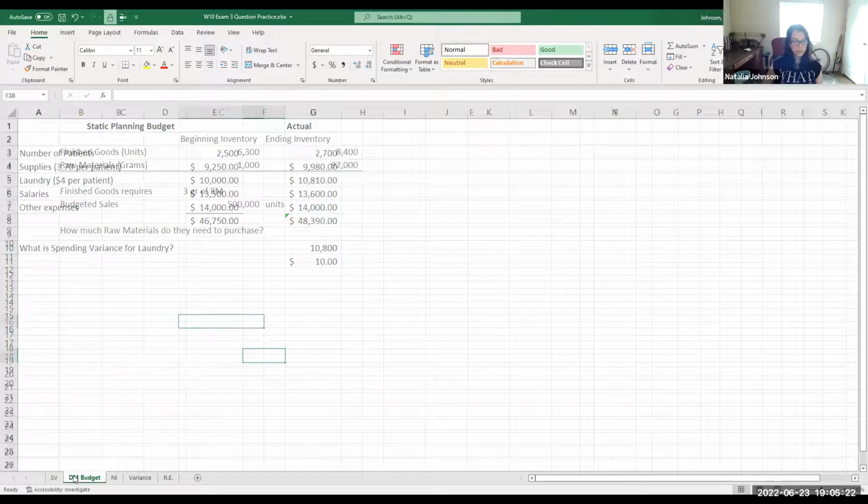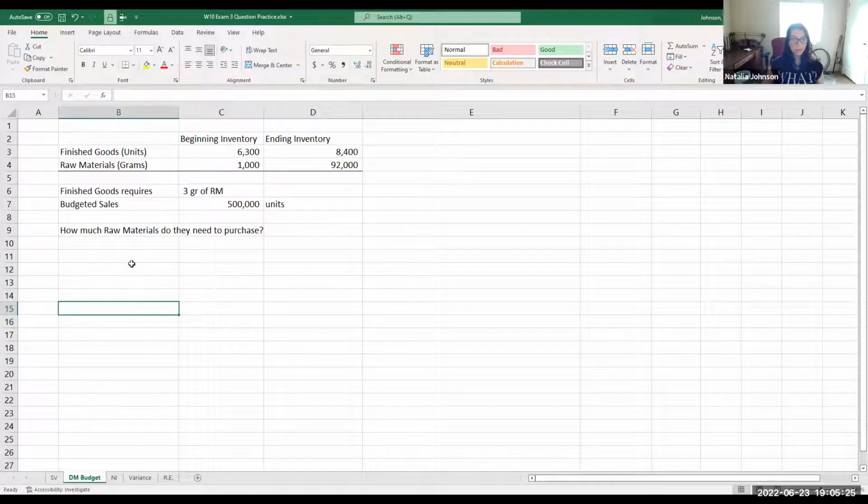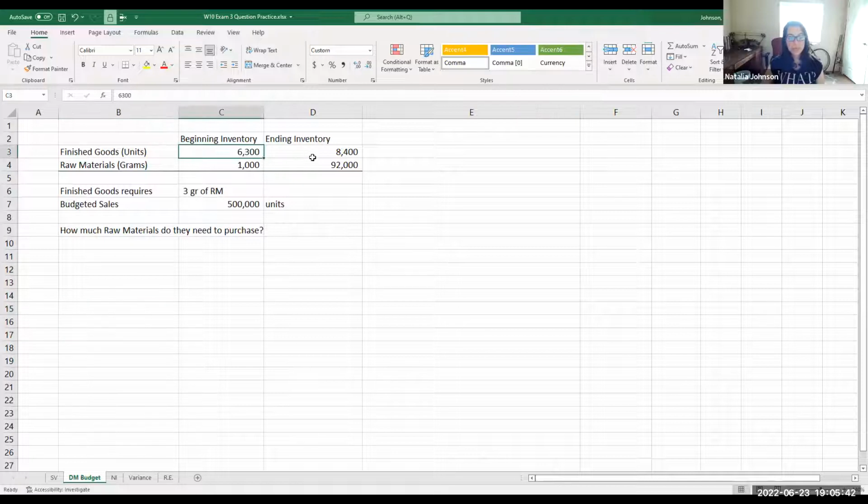Okay, let's go to a chapter 8 question, direct material budget. There will for sure be a question like this one, when they give you the finished goods inventory, the beginning and ending inventory in units, and then raw materials in grams, also beginning and ending inventory.